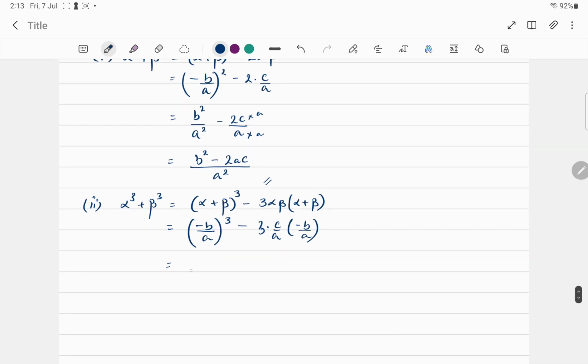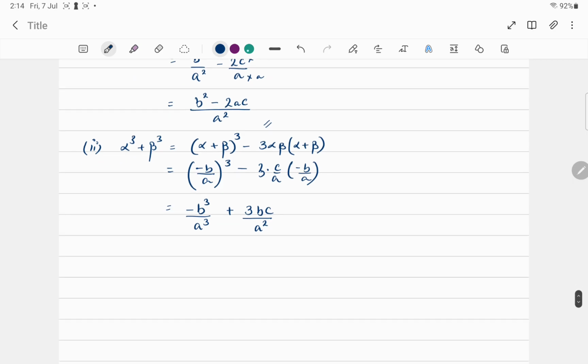Solving further will give us minus b cube over a cube plus 3bc over a square. Again, we multiply with a to make the denominator a cube, giving minus b cube plus 3abc over a cube, and that will be our final answer for that, right?